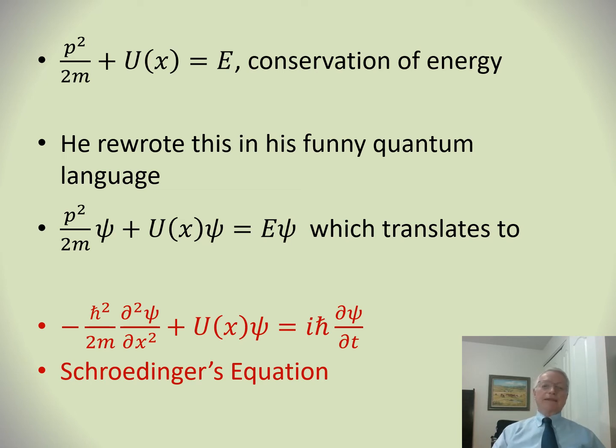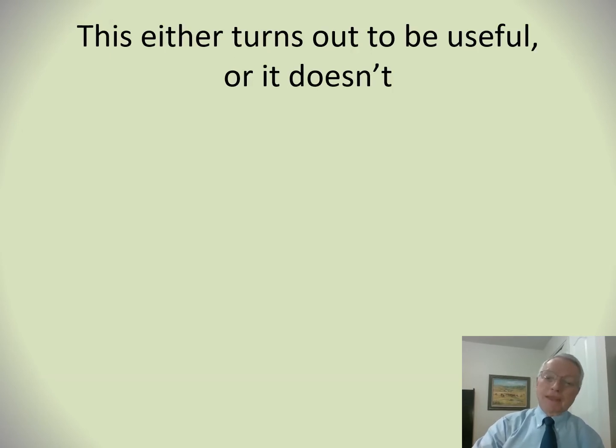And if you've had enough mathematics, you'll realize that that's a kind of wave equation. It's got spatial derivatives and time derivatives in it. This is the partial differential equation that describes waves. And so Schrodinger's equation is actually a wave equation, and its solutions turn out to predict all kinds of quantum phenomena.